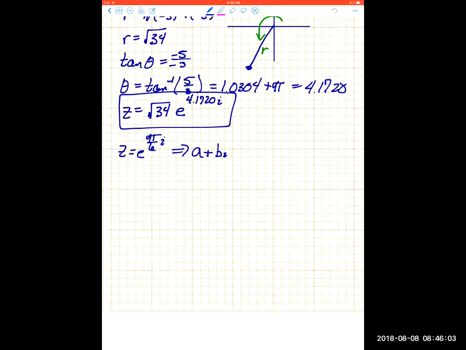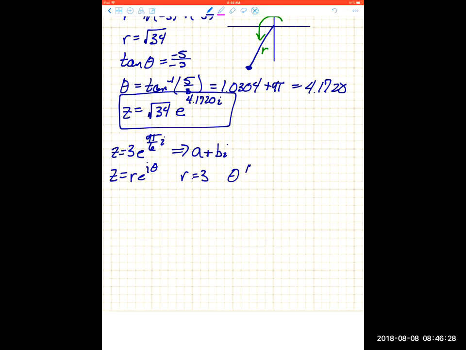What do we know? Well, looking at this, whoops, there's a 3 in front of that. Z equals 3e to the pi over 6i. So what do we know? Well, we know that the polar form is always re to the i theta. So r must be 3.